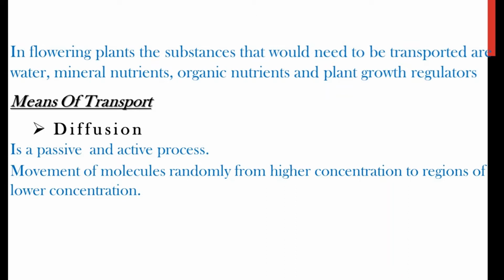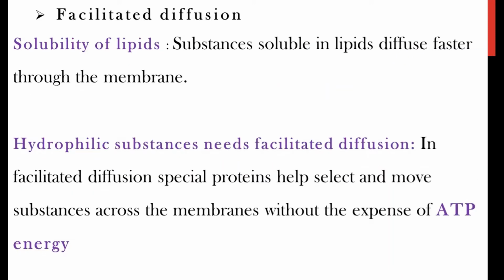Diffusion is very important to plants. It is the movement of molecules randomly from regions of higher concentration to regions of lower concentration. Facilitated diffusion is the movement of substances across the membrane with the help of membrane proteins but without the expenditure of energy.